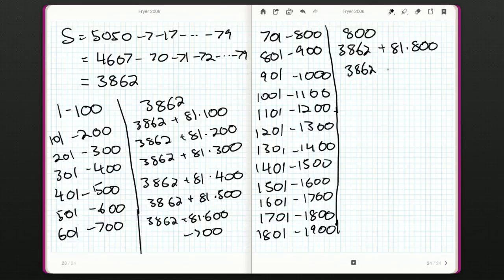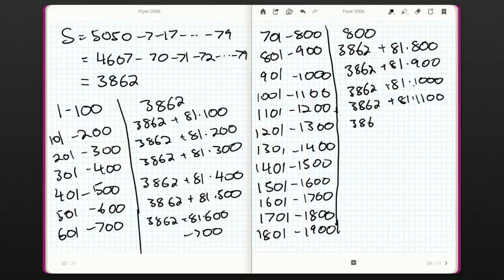So 3862 plus 81 times 900. 3862 plus 81 times 1000. 81 times 1100. 3862 plus 81 times 1200. 3862. That's why I wanted this number to really be double checked before I started using it a whole lot.